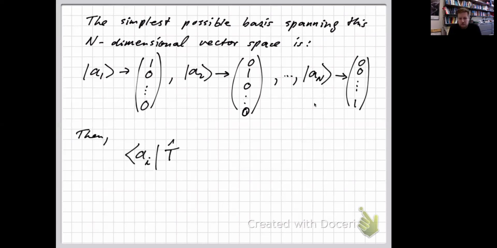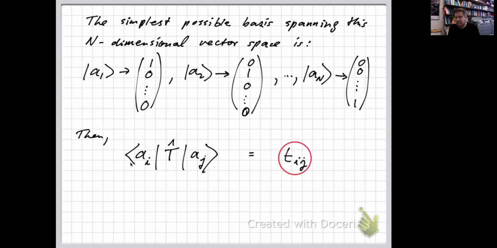Okay, and so then the question is, what is this kind of object in this representation of column vectors and this basis? I come in with the ith of these in its bra form, and over here is the jth basis vector. I multiply the matrix from before by the jth basis vector, and then finally the result gets multiplied on the left by the ith row vector.